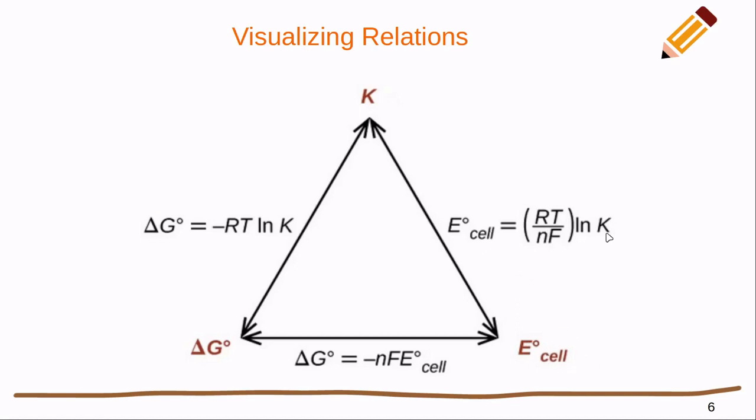This is the equation that I'm going to go to, and I can calculate E cell by plugging in K. If I knew E cell and I wanted to go to K, I would need to plug in E cell and then solve for K, right? And I could do something similar with delta G and K or delta G and E cell. You can visualize where you are at and what it is you want to know in this case.